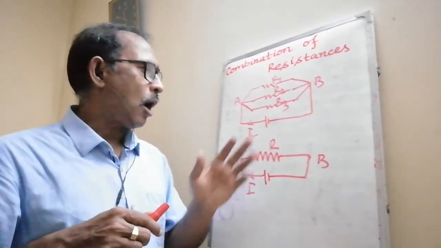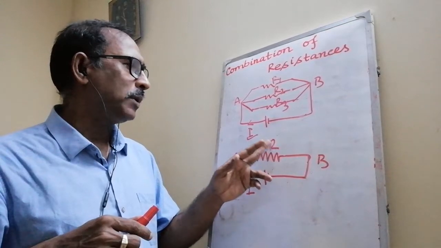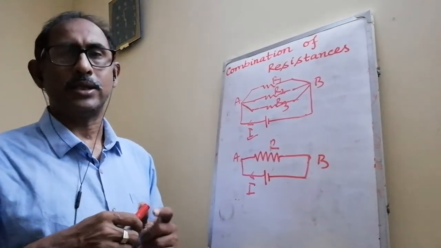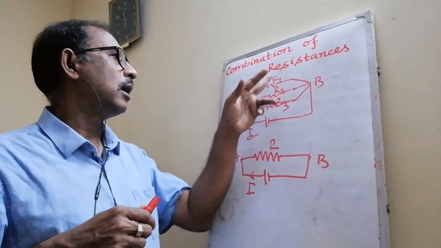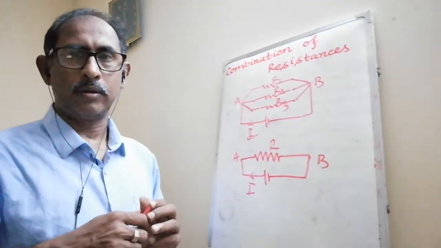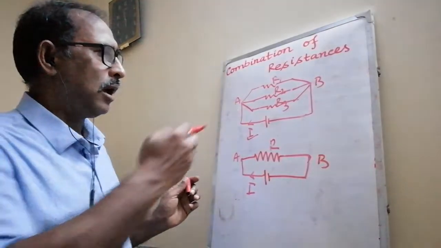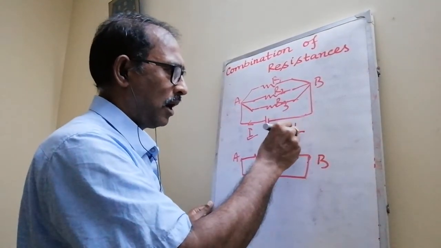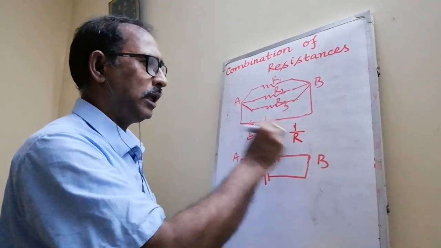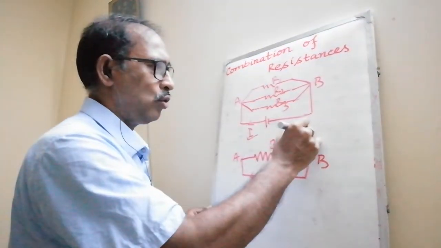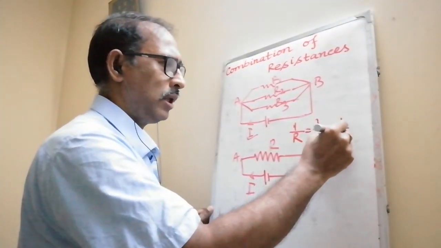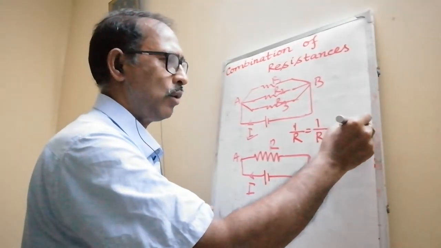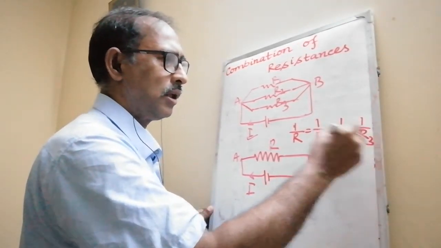Now how do you know what will be the value of this equivalent resistance, or what is the relation between this equivalent resistance and R1, R2 and R3? It is 1 by R, that means 1 by equivalent resistance, is equal to 1 by R1 plus 1 by R2 plus 1 by R3, and so on.